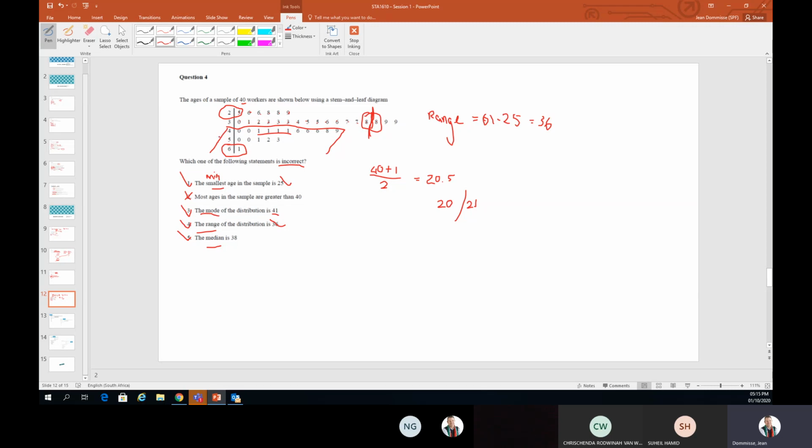So if most of your ages were older than 40, 40 needed to be the median, or the median should have been higher than 40. Because to be the most numbers. Now you can see there's more numbers sitting below 40 than above 40. So that one must be wrong, because it can't be greater than 40. Okay, hope that helps you in this.